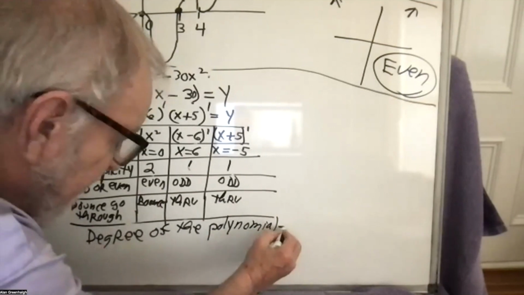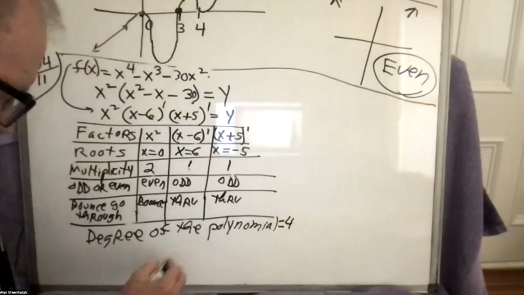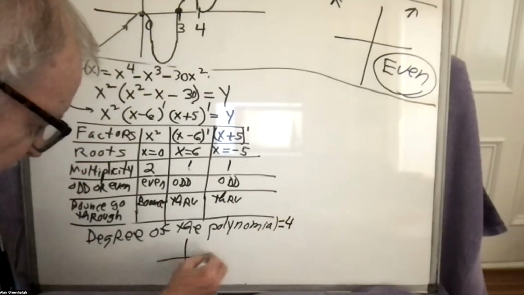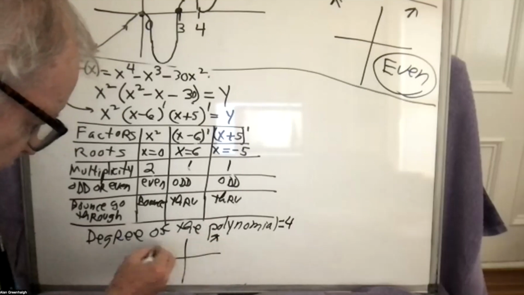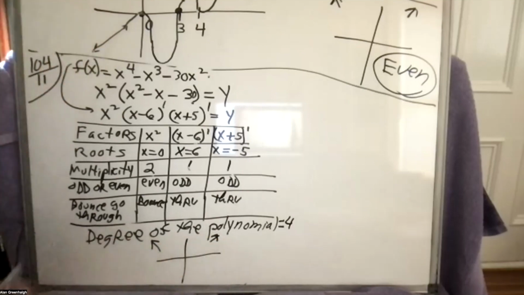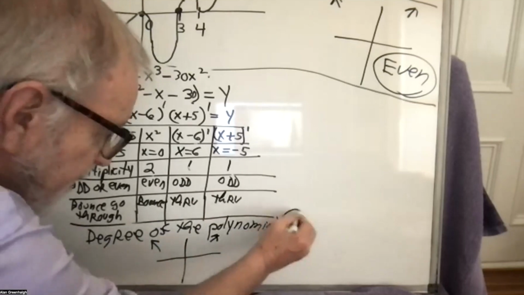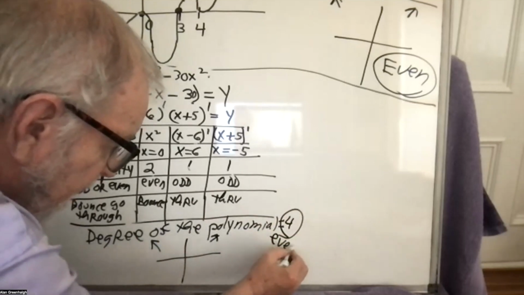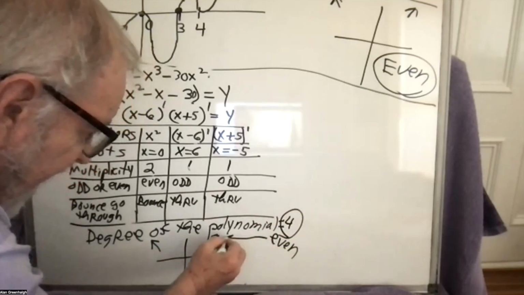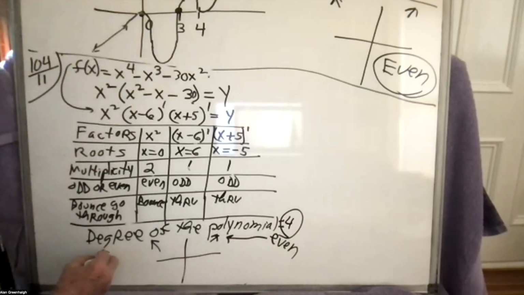So the degree is 4, and therefore the end behavior will be here and here. Because 4 is an even number, and even numbers have an end behavior looking like this.